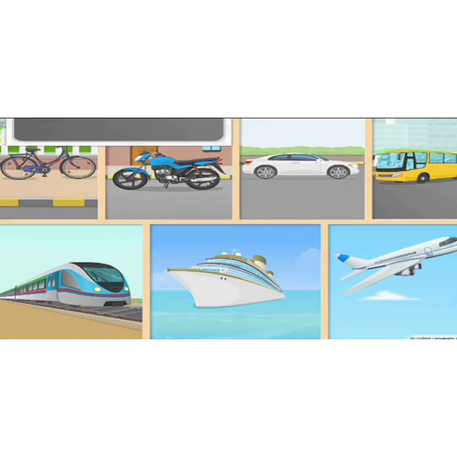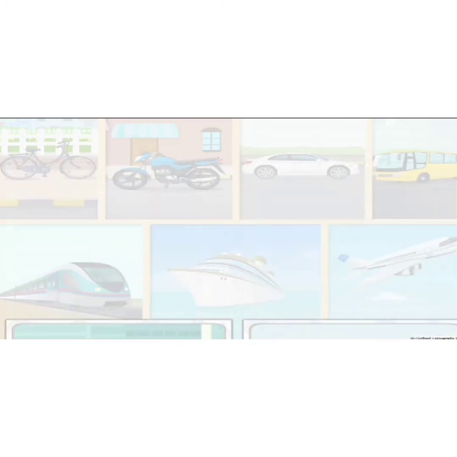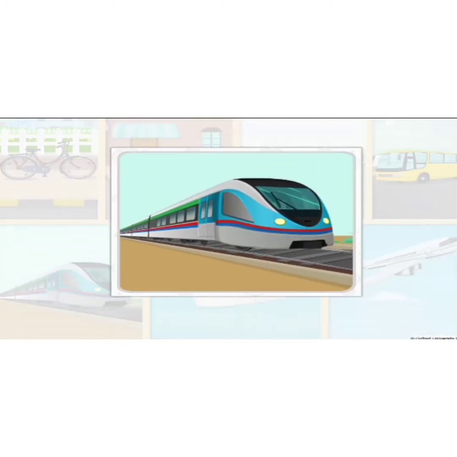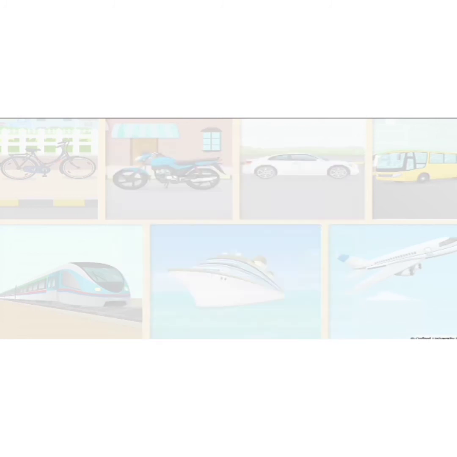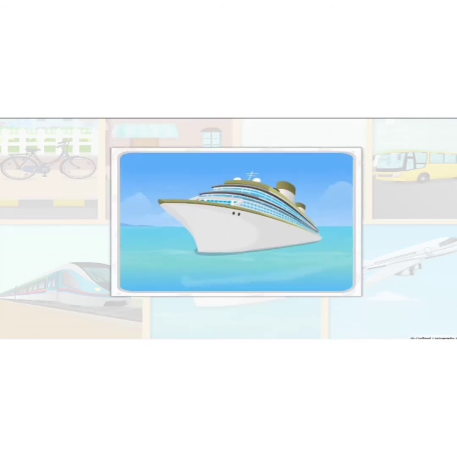Some vehicles, like buses and cars, move on the road, while others, like trains or trams, move on tracks. Some vehicles, like aeroplanes, move in the air, and other vehicles, like ships and boats, move on water.